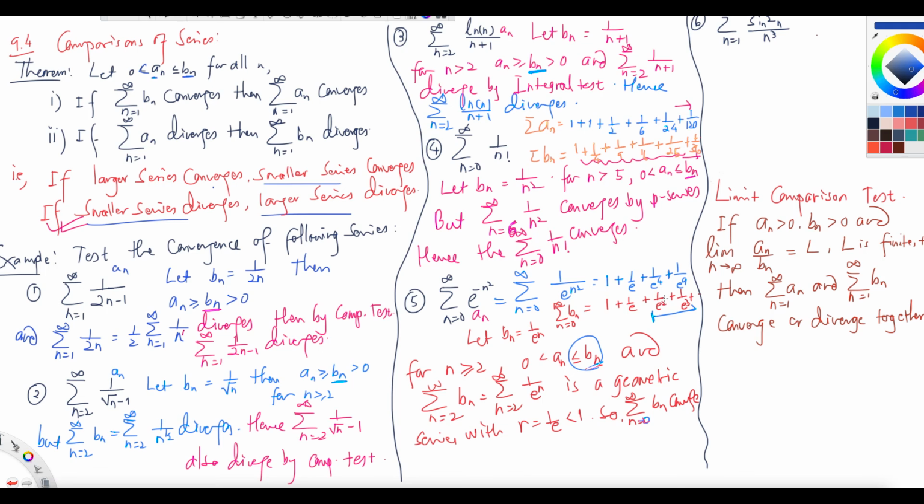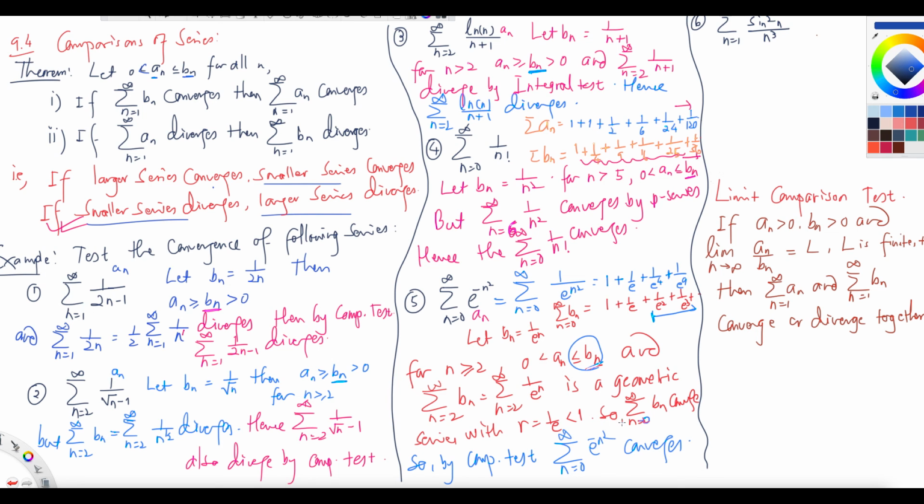Adding just a finite number does not change convergence. So by the comparison test, you can say that the summation of n equals 0 to infinity of e to the negative n squared converges. So you can write like this.